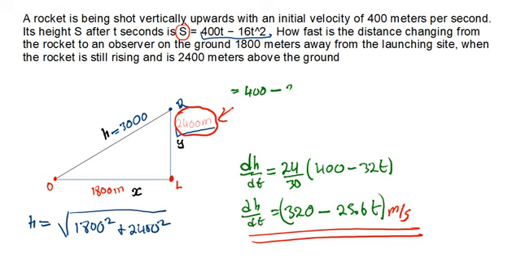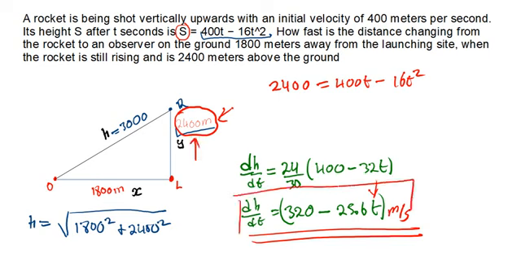Then we find what time is going to be. So you're going to have 2400 equal to 400t minus 16t squared. Then we need to find the value of t. When you replace there, you're going to find the exact value of t at that point. But otherwise, this is the expression that tells us the rate of change of height with respect to time.